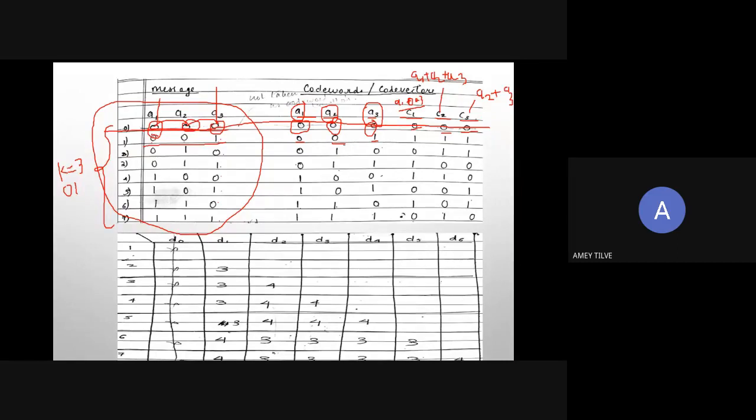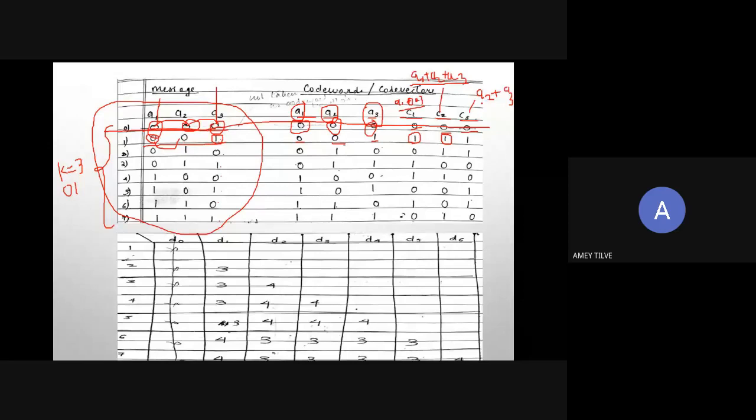A1 is 0 and A3 is 1, so 0 XOR 1 is 1. Similarly for C2, A1 XOR A2 XOR A3: A1 XOR A2 is 0 XOR 0, which is 0. But then it is XORed with A3, so 0 XOR 1 is 1. So your answer over here is 1.